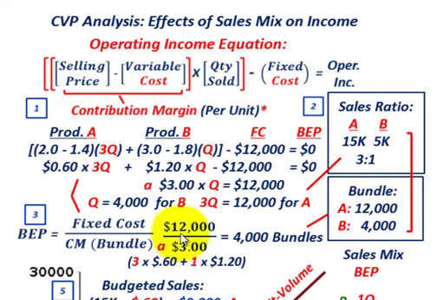So we could have figured out that break-even point this way. The break-even point is we have to sell 12,000 units of A and 4,000 units of B. Okay, so we could have gone either way, we just did it in 2 different ways.